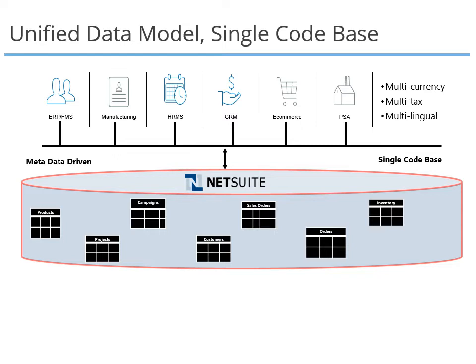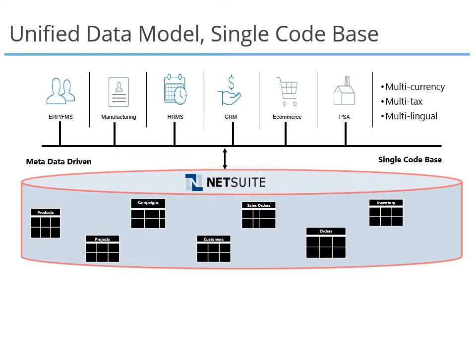Each of these applications is modular, which essentially means ERP, CRM, and e-commerce can work independently. They also have a common data model, and they can work as an integrated system. They can exchange data at different boundary points between the various applications in a seamless way.